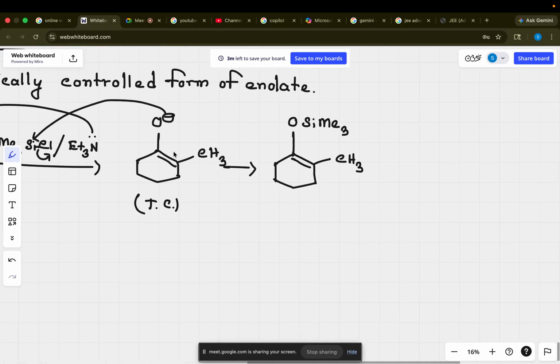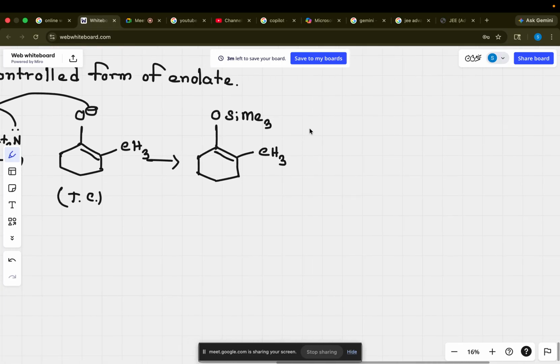Now with this they have mentioned another reagent. So this reagent they have mentioned, you have cyclohexanone in presence of TiCl4. Yeah, this thing.